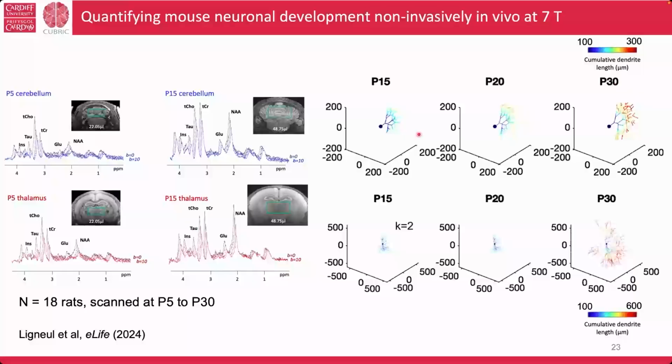And here you see how with this approach, assuming that most of the signal coming from the voxel comes from Purkinje cells, for example, you can start following how with neurodevelopment these cells become more complex and more branched. And in the thalamus it is big pyramidal neurons. In the paper, there is much more than this. This is just a snapshot to give you a feeling, but feel free to have a look. There is also a preprint out.